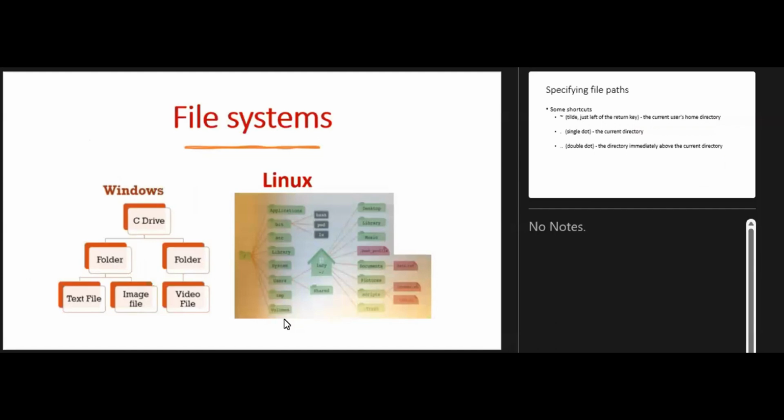You can double click on the D drive and enter that drive. You can double click on the E drive and enter into the E drive. So Windows has a system where there is a drive, and that drive has different folders and files. You can enter into the C drive and see different folders and files, and you can also double click on these folders and enter into that folder.